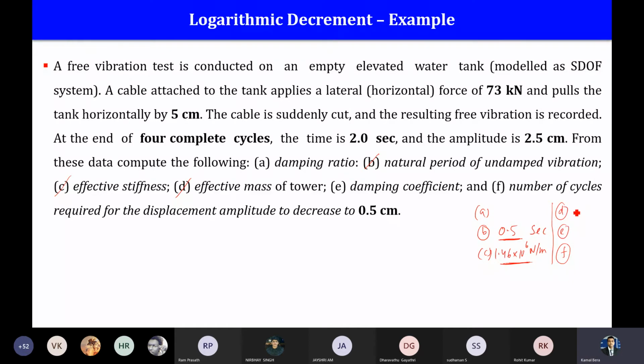Just tell me in kg. Because omega is root over k by m, right? So k is in Newton per meter and m in kg.